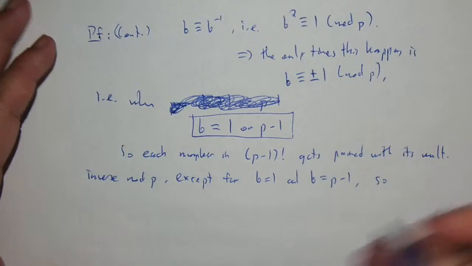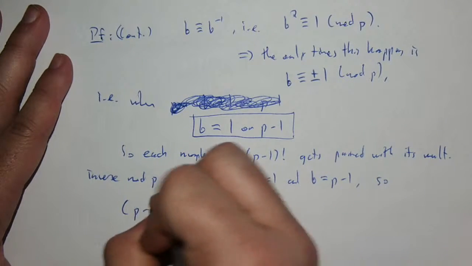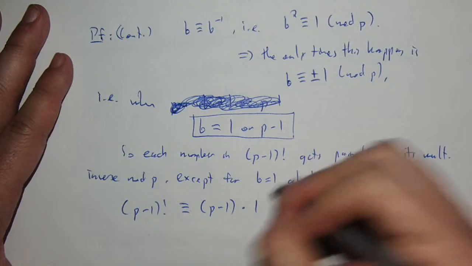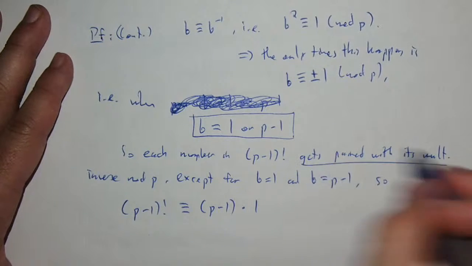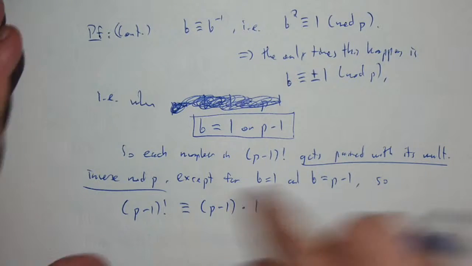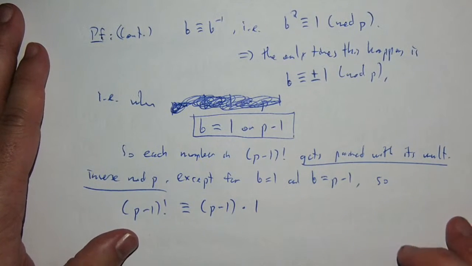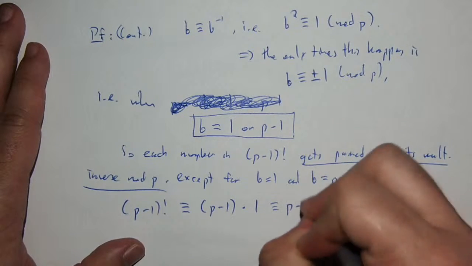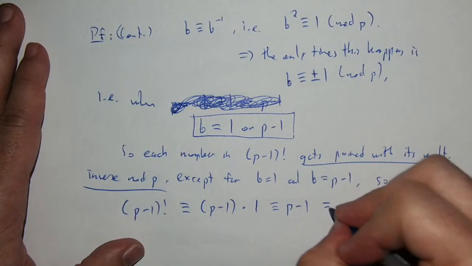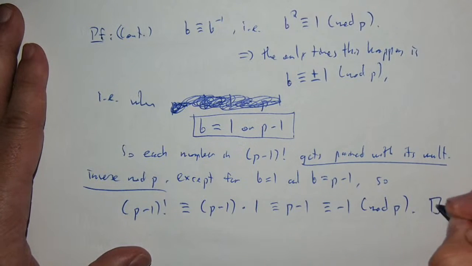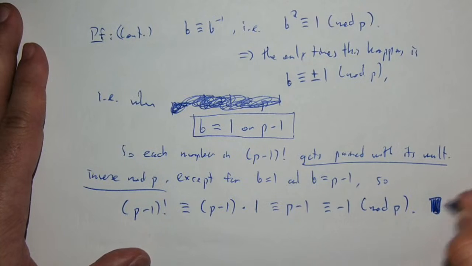So p minus 1 factorial is congruent to p minus 1 times 1. Everything else cancels because it gets paired with its multiplicative inverse mod p. So everything in between here is 1 in that product. And so this is just p minus 1 times 1, which of course is congruent to p minus 1, which mod p is congruent to minus 1. Right?